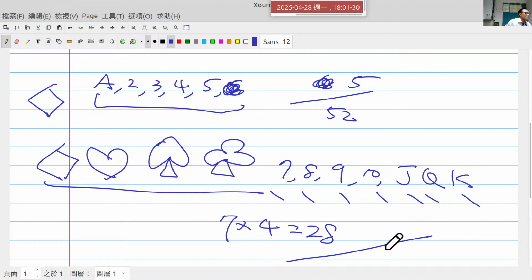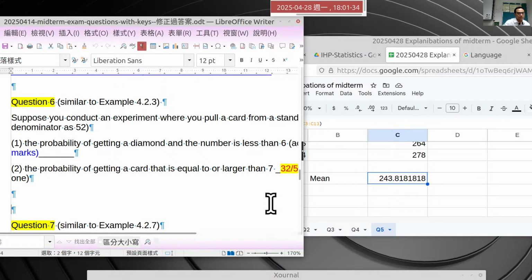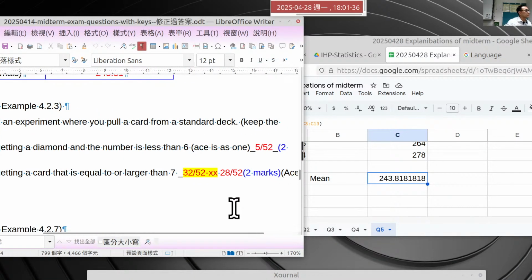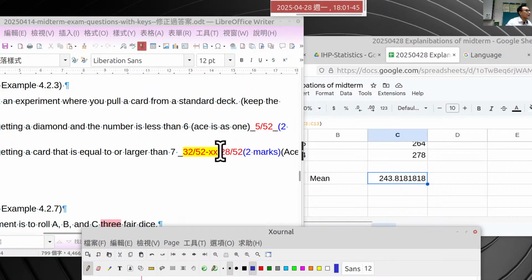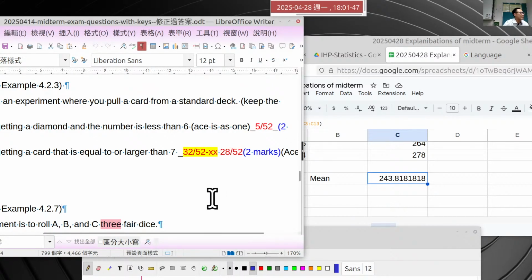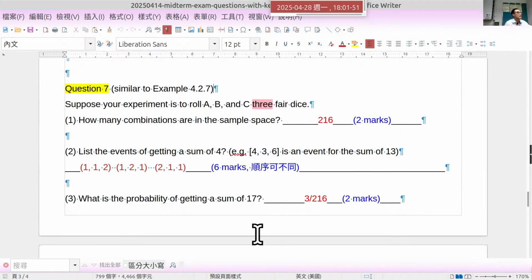And the denominator is 52. Oh, sorry. 28 is here. Okay.